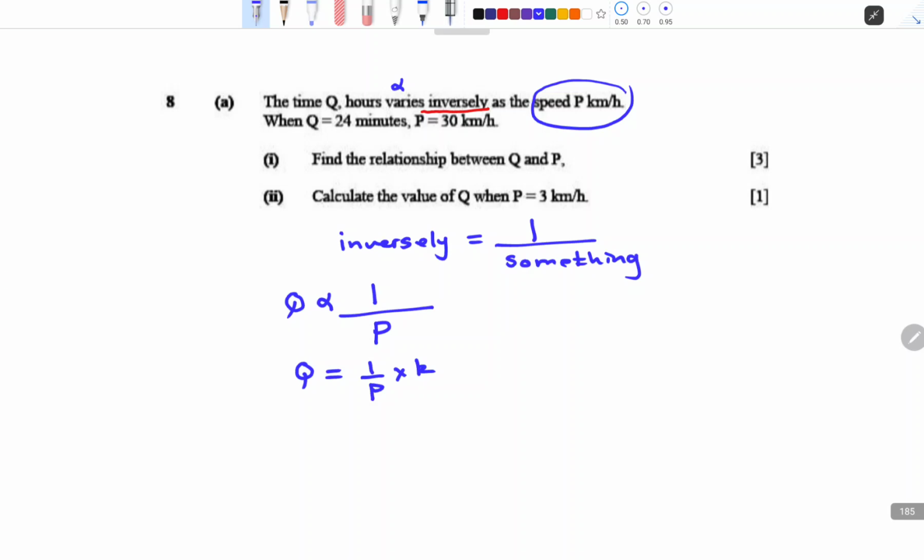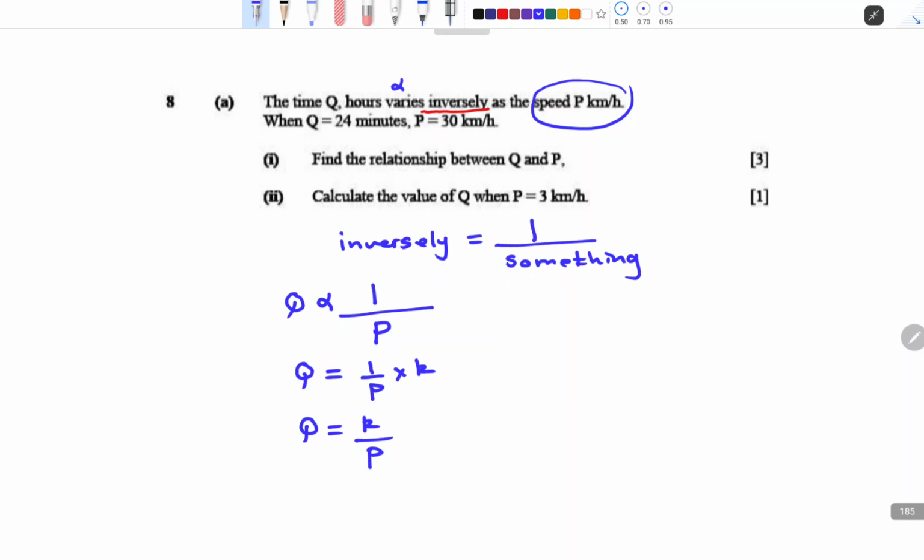Whenever you multiply the right side by K, it gives you the right to convert the variation expression into an equation. I hope you are following, class. So K is going to multiply 1. You get Q is equals to K over P. I hope you are listening.